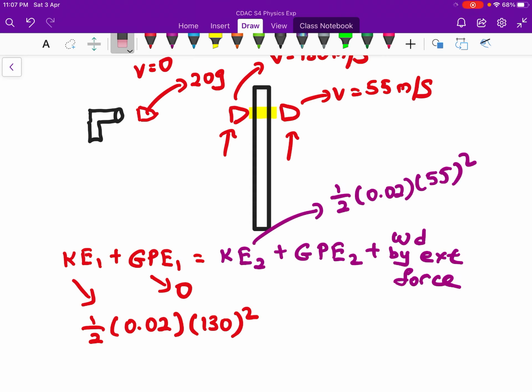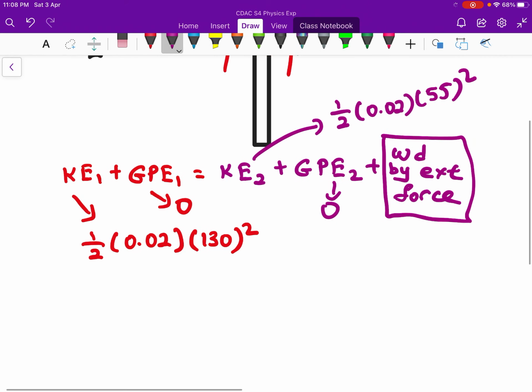Energy is only converted from one form to another. So the loss in kinetic energy is basically the work done by your wall, an external force. GPE2 is also 0, and now I want to find this term.